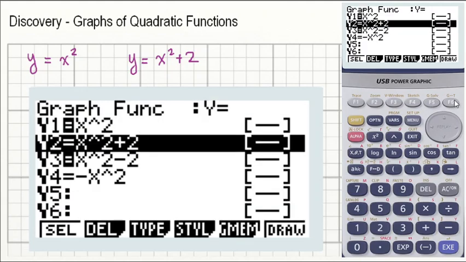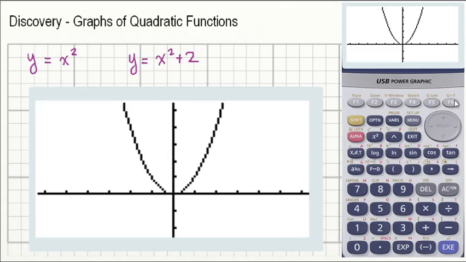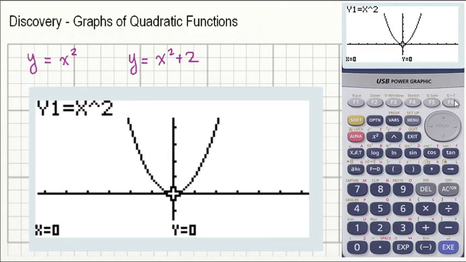Whereas for the first one, if we trace, x equals 0, y equals 0, so it was translated downwards by 2 units. So from this, we can get to a more general idea that if we change our original function by a factor of k, we're going to shift it upwards by k units.